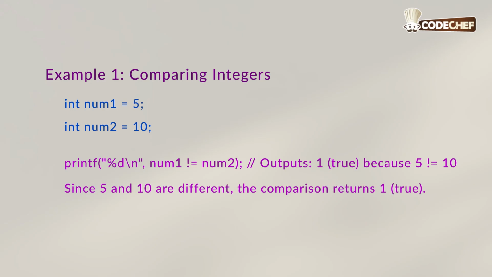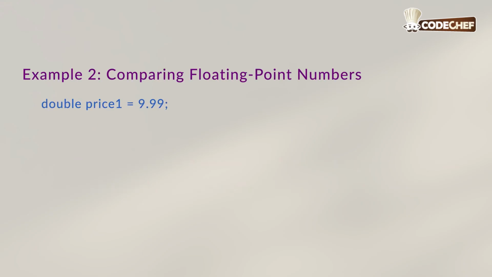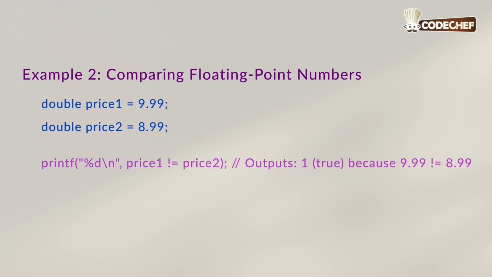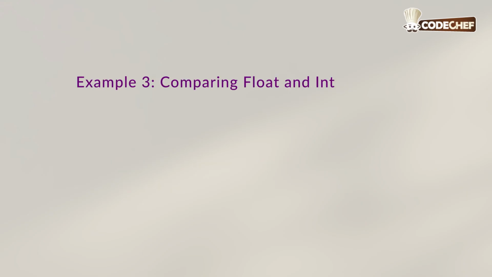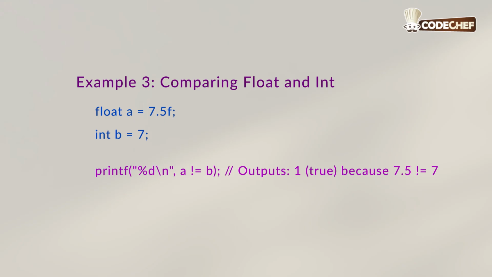Similarly, in example 2, double price1 is 9.99, double price2 is 8.99. When we compare, the output is 1, which is true because both are not equal. And in example 3, we compare float a is equal to 7.5 and integer b is equal to 7. When we compare, the output is again 1, which is true because both are not equal.